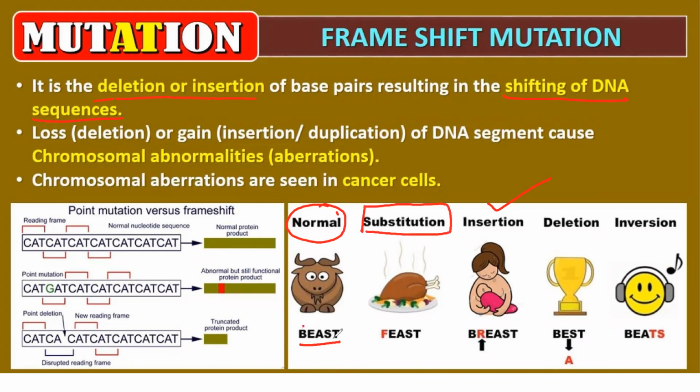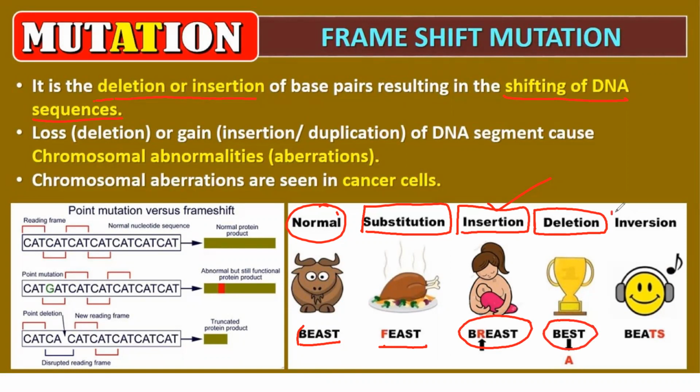In place of B, they substitute F. So the word becomes feast. Now, instead of substitution, what if something is inserted in the word? Then it may lead to a new word, that is breast. If any letter is deleted, then it may lead to a new word, that is best.